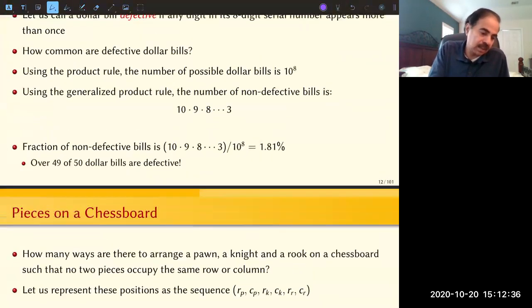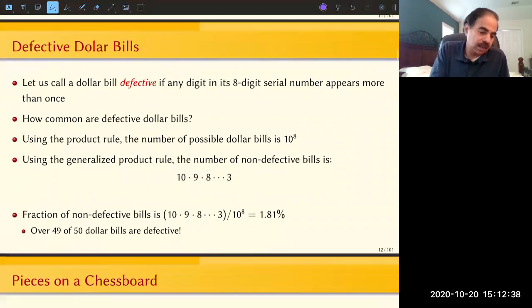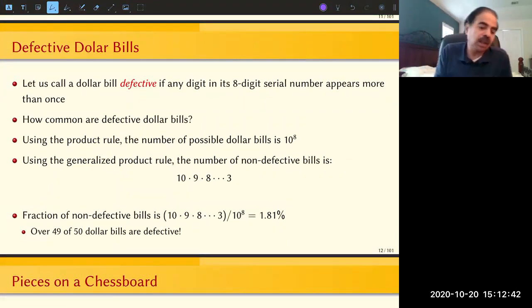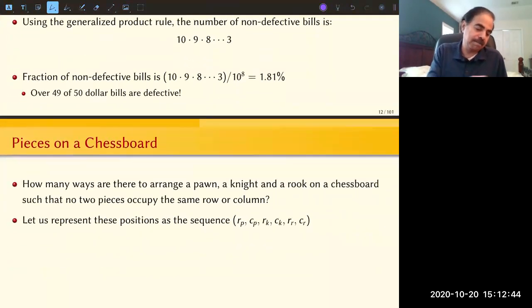We used that to solve the problem of how often repetitions occur in numbers, right?